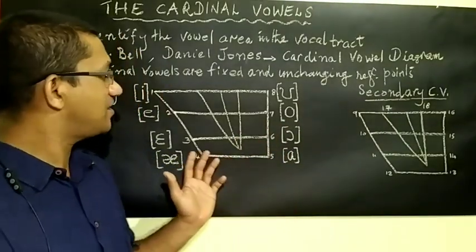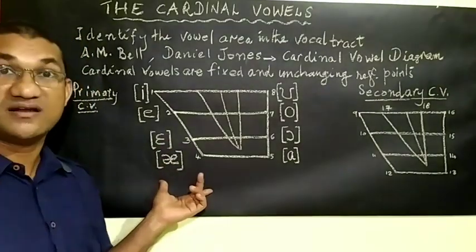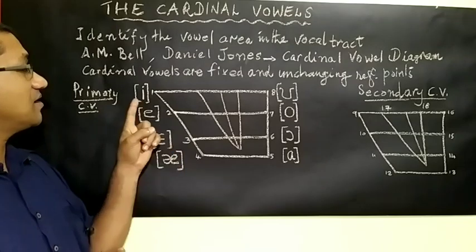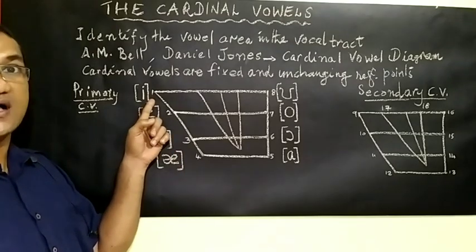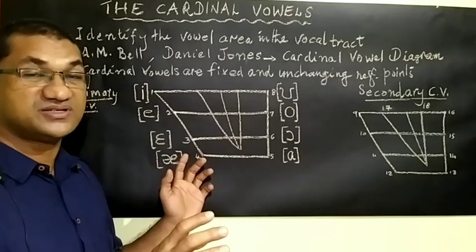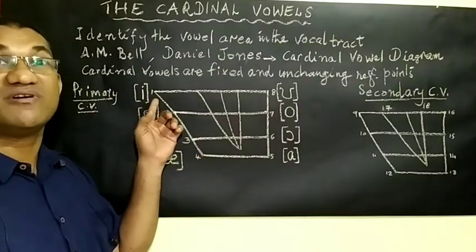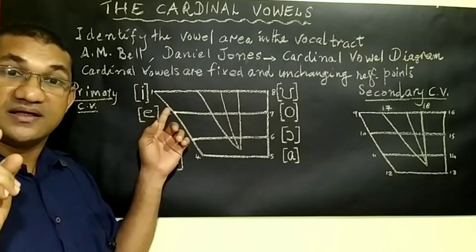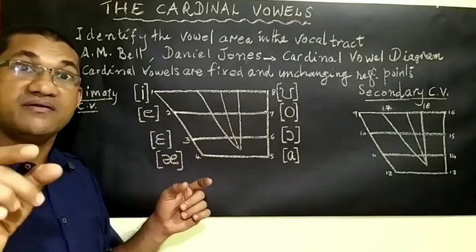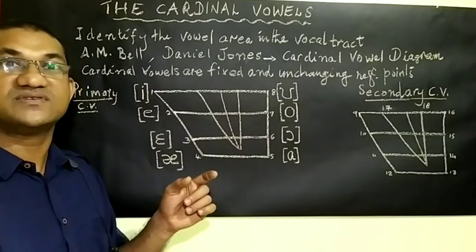Let us understand the primary cardinal vowels. Primary cardinal vowel number 1 is articulated with maximum fronting of the tongue and maximum vowel height. It is an unrounded vowel sound.